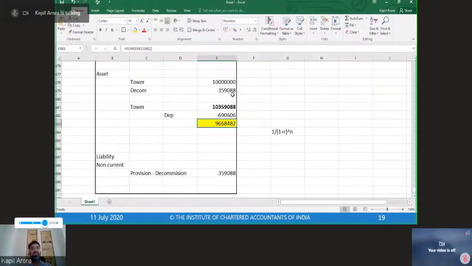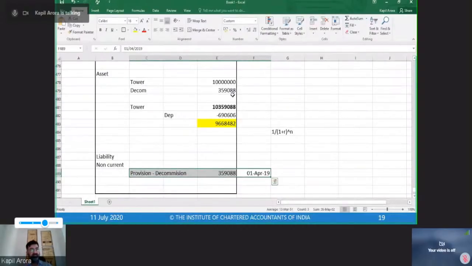Now let's talk about the provision. Provision on 1st April 19, which we have recorded as 3,59,088. But can you confirm one thing? Do I have to pay the same amount after 15 years? Am I going to pay the same amount for decommissioning?